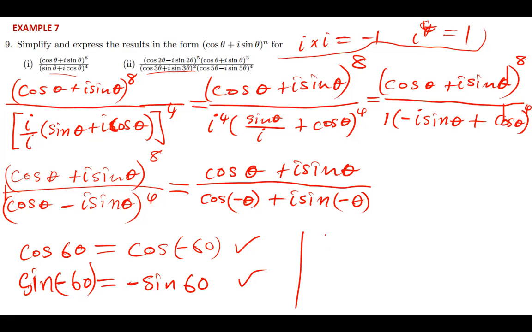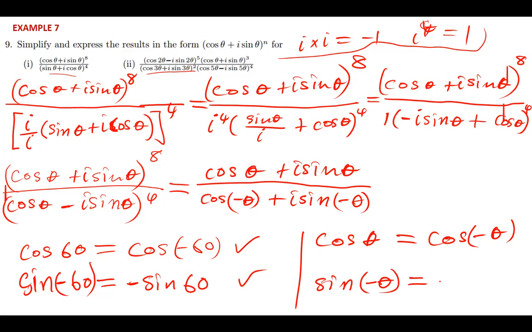For cos, cos theta is exactly equal to cos negative theta. You can try this using any number for theta and you find the same answer. You can also try sine negative any angle; this is exactly the same as negative sine theta.